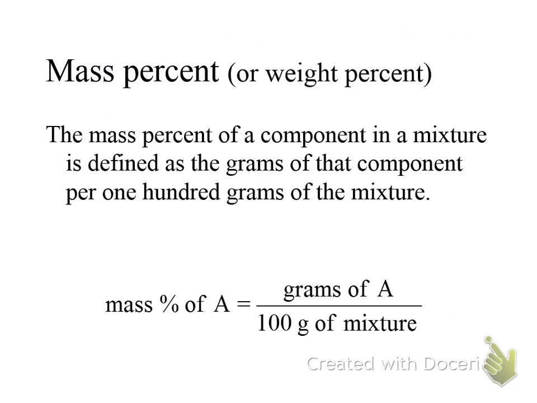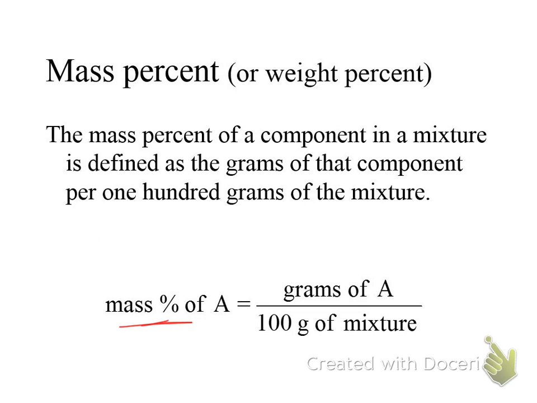Weight percent is used to describe a component in a mixture. Remember, mixtures are just things that are physically combined together. So you can actually come up with the weight percent for each component. Once somebody has told you weight percent, percent means parts per 100.